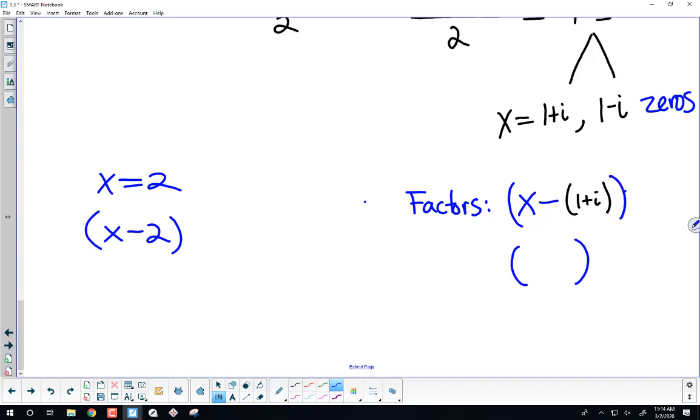And then the second factor is, again, x minus the other 0, 1 minus i. So you can totally leave it like that. It's just, maybe you prefer to write it as x minus 1 minus i and x minus 1 plus i. Either way, it's the same thing.